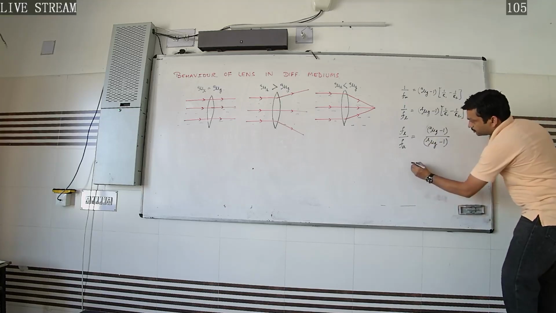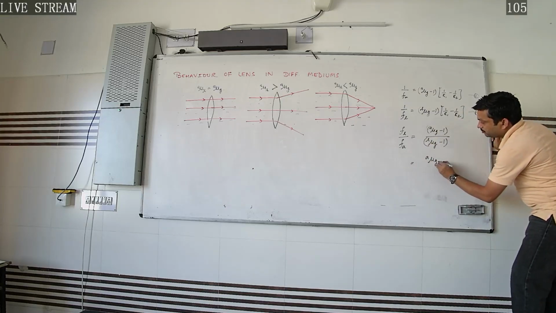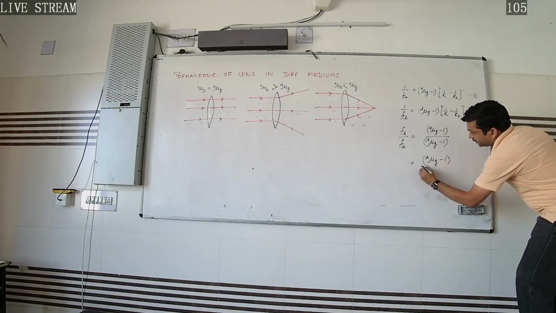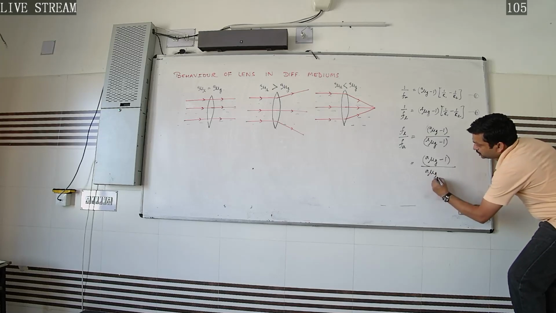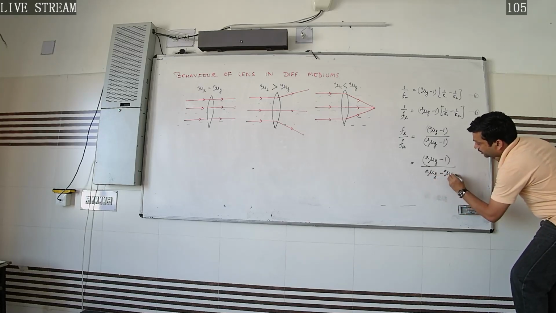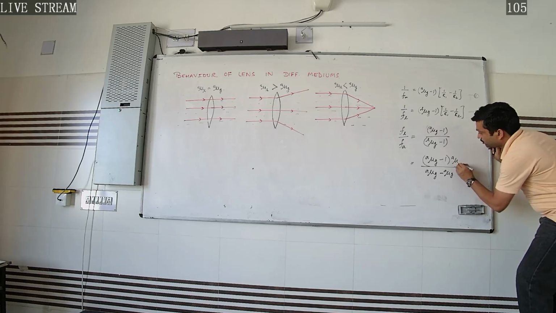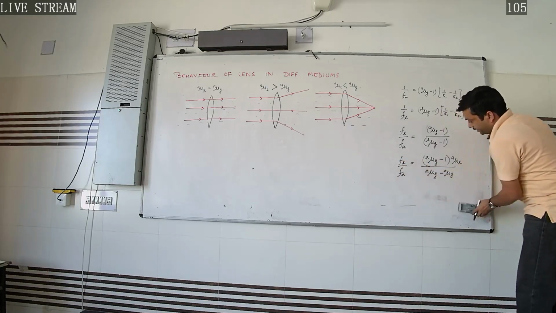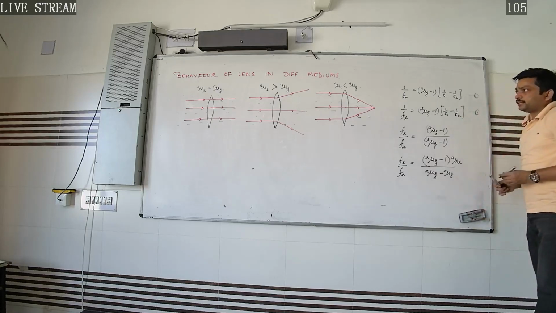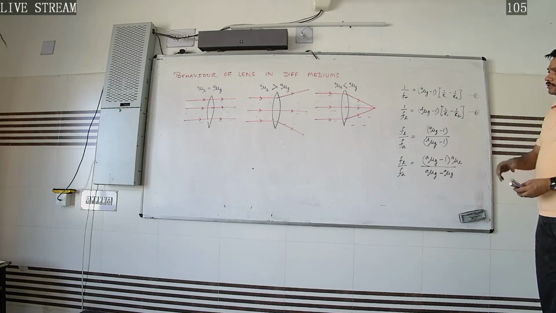On solving it further, we get (aμg − 1) in the numerator, and in the denominator aμg over aμL, minus 1. On the basis of this, we can find whether the lens behaves like plain glass, a diverging glass, or a converging glass.